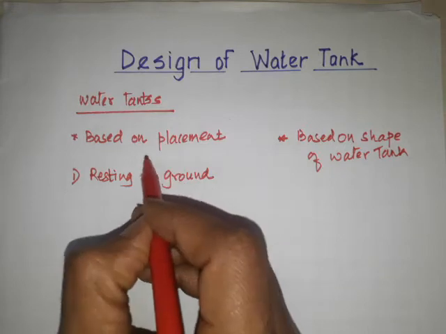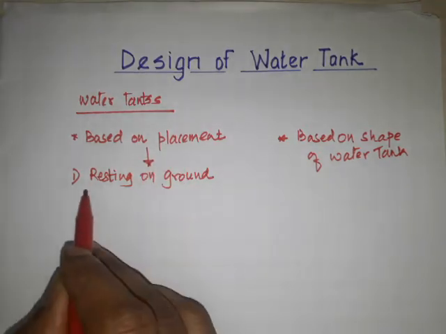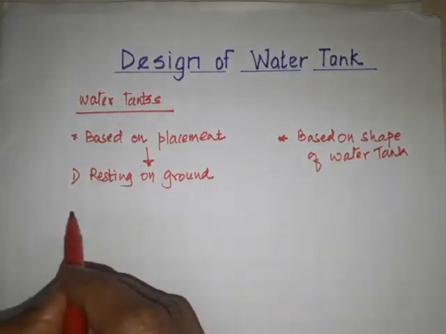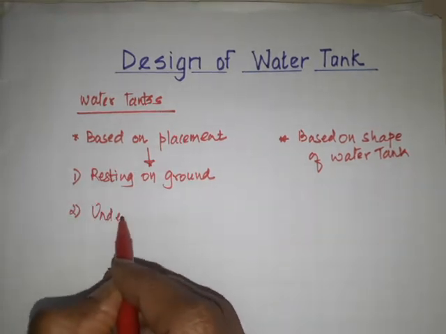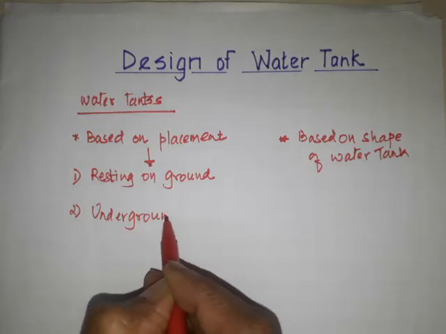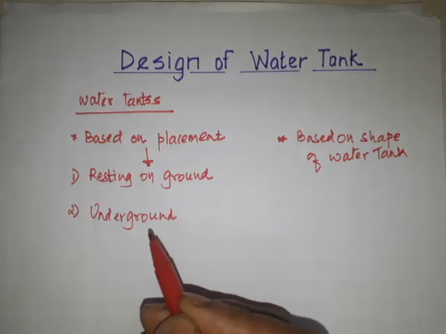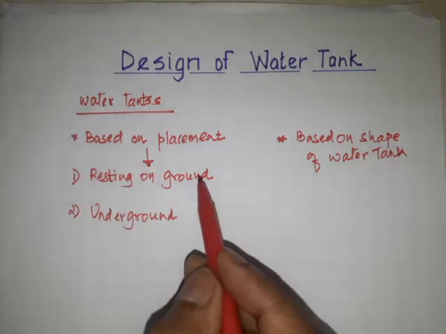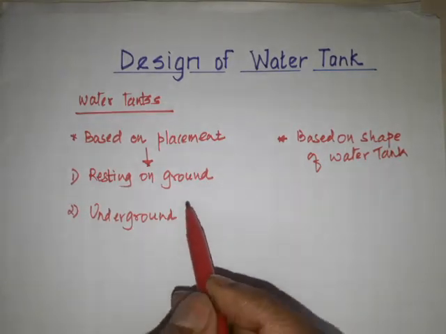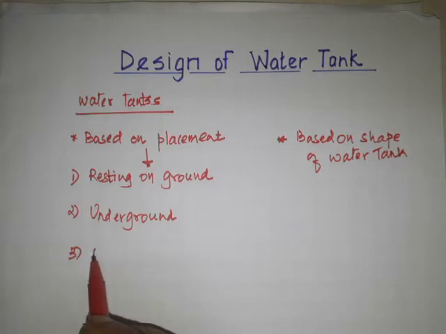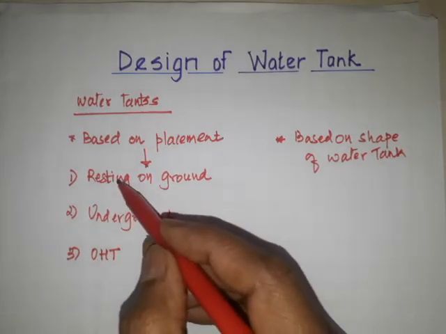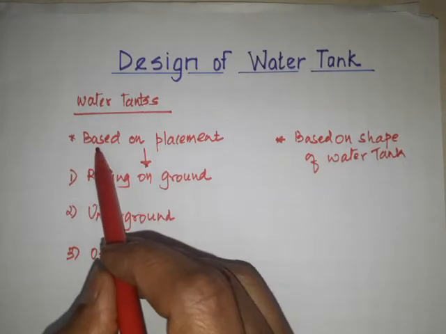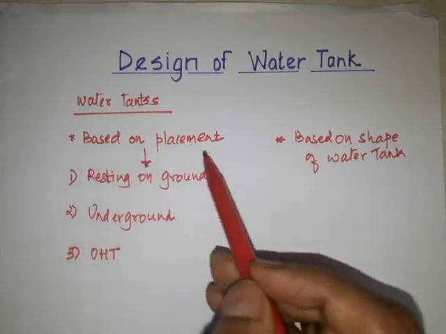Then we have the water tank that is underground, so sometimes we need to design the underground water tank also. Or we have OHT, that is overhead water tank. So these are three basic subdivisions in the first part, that is based on placement.